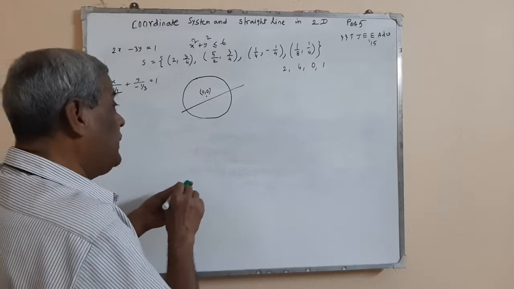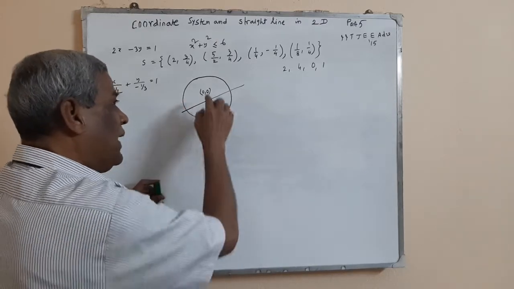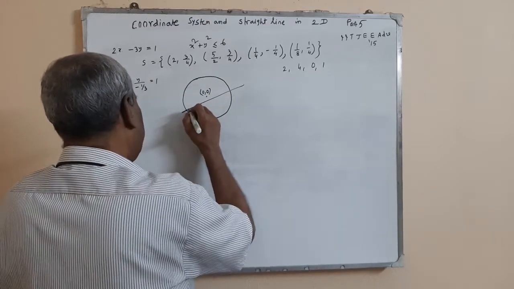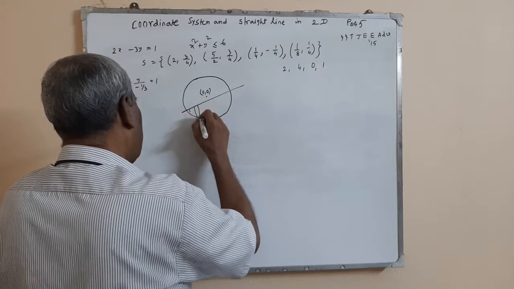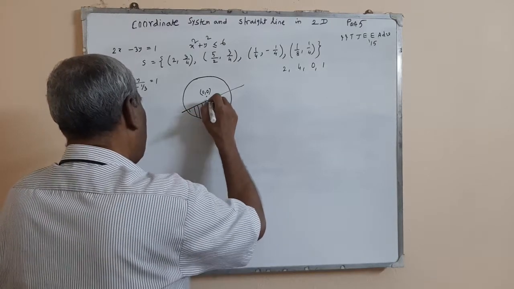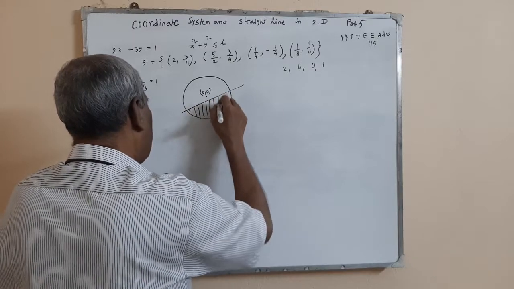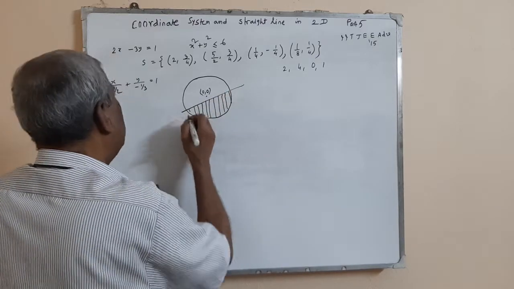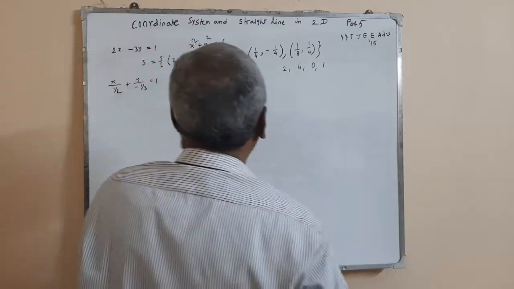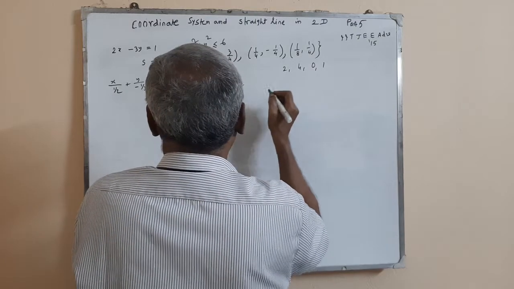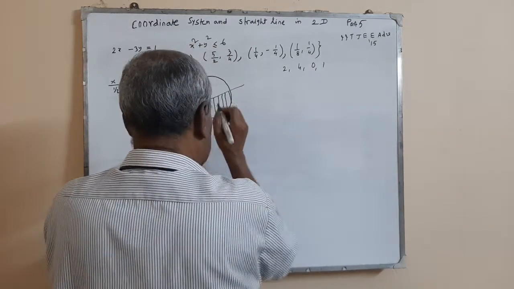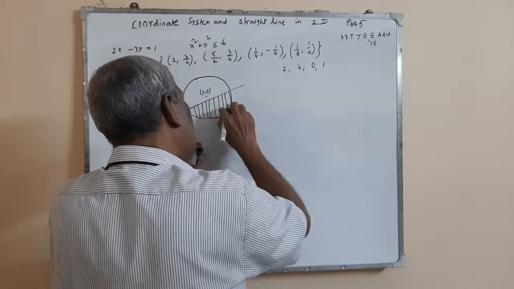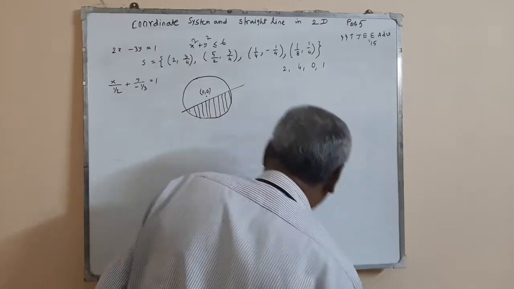Our points would be in the smaller part of the circular region. This is from geometry, and mathematically we have to find all the points within the circular region and outside that line.